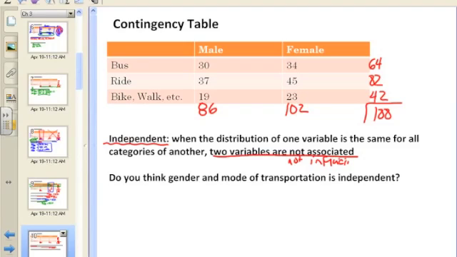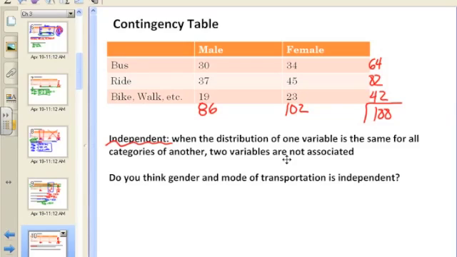The last thing that you're going to see with contingency tables is this idea of independent. And the definition given in your book says when the distribution of one variable is the same for all categories of another. That doesn't really make sense right now, so let's think of the word independent like you might use it in conversation. I can't wait till I'm independent of my parents. Right? The idea is your parents no longer tell you what to do and where to be. You're living on your own.